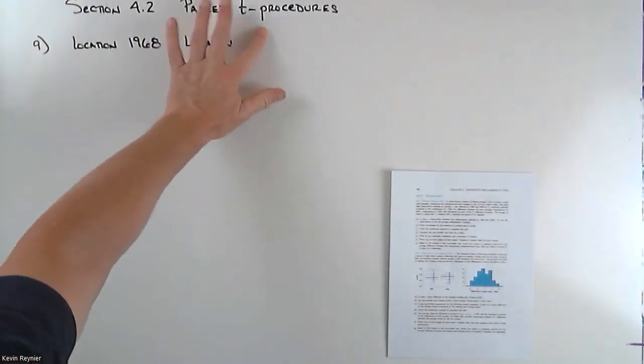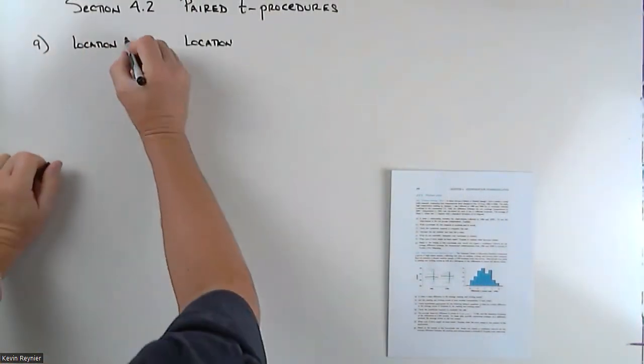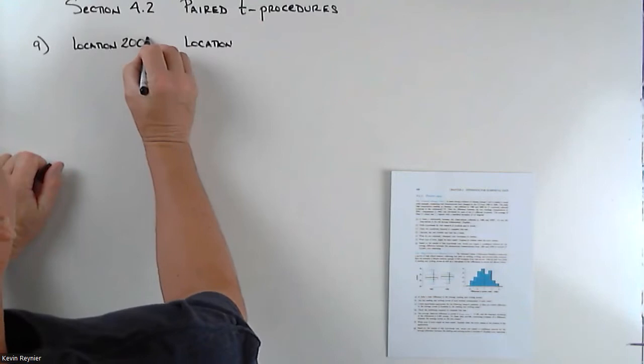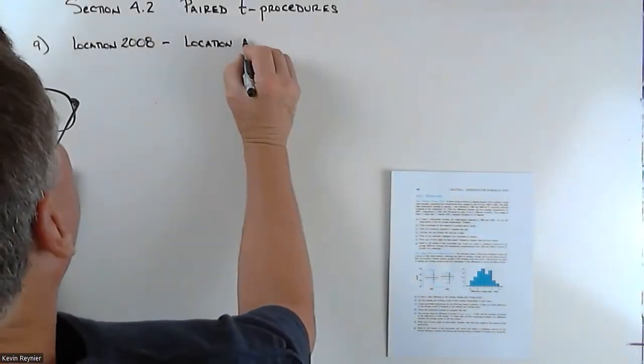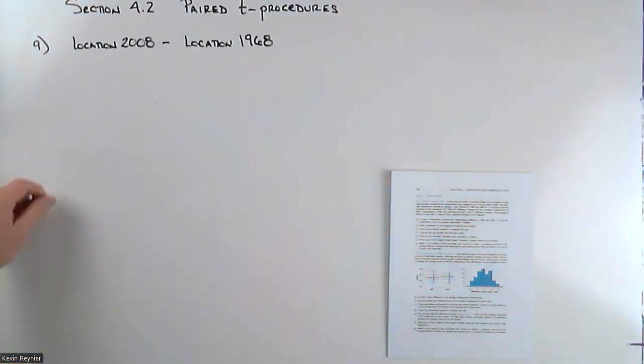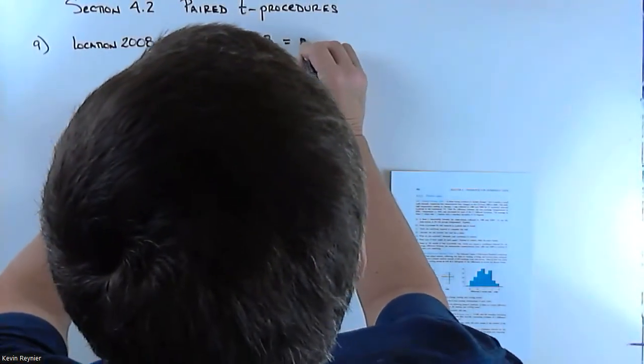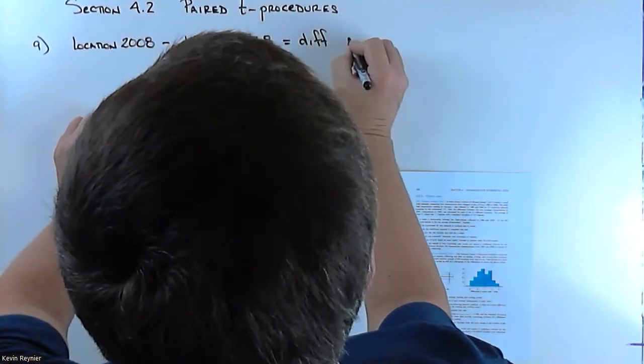And because we have this relationship, it's up to us to see that these are not independent observations. They're related. They come from the same location. What we've said is we're going to calculate the difference in temperature between these.